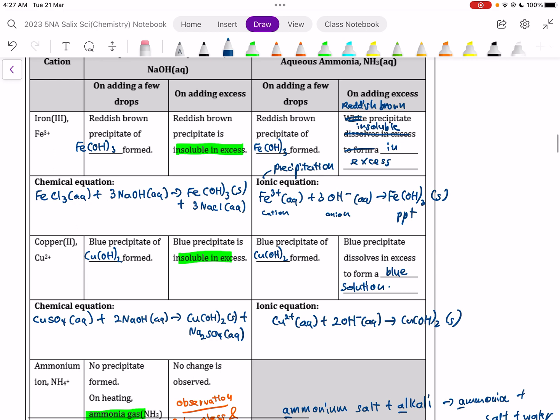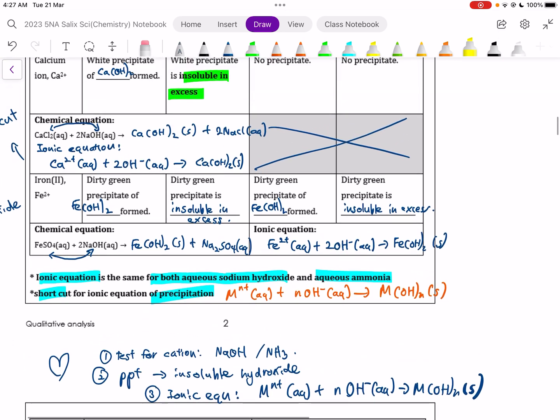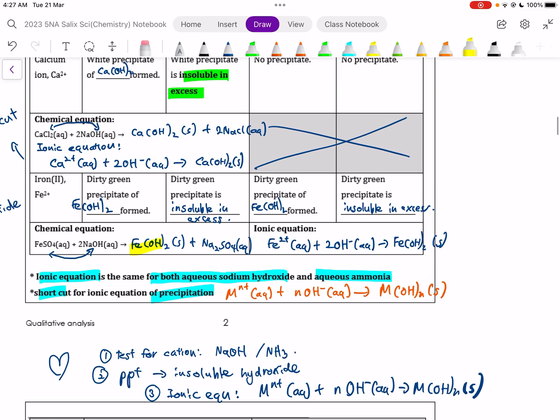For the rest, most of the time you're actually getting hydroxide as the product. Copper 2 hydroxide for the blue one. The iron 3 one, the reddish brown one, is iron 3 hydroxide. The iron 2 green one is iron 2 hydroxide.